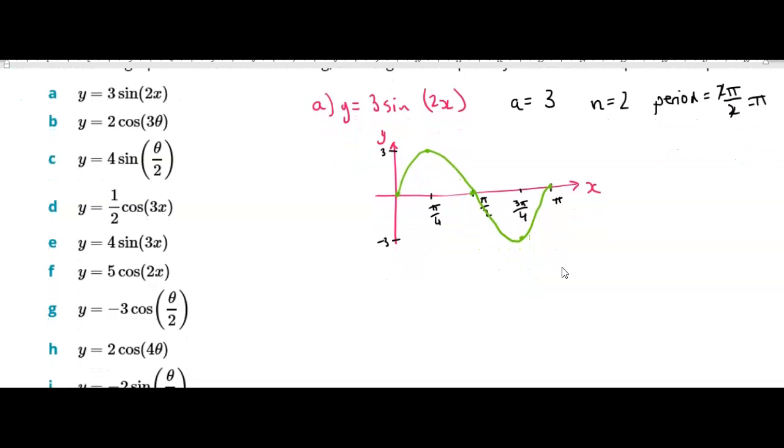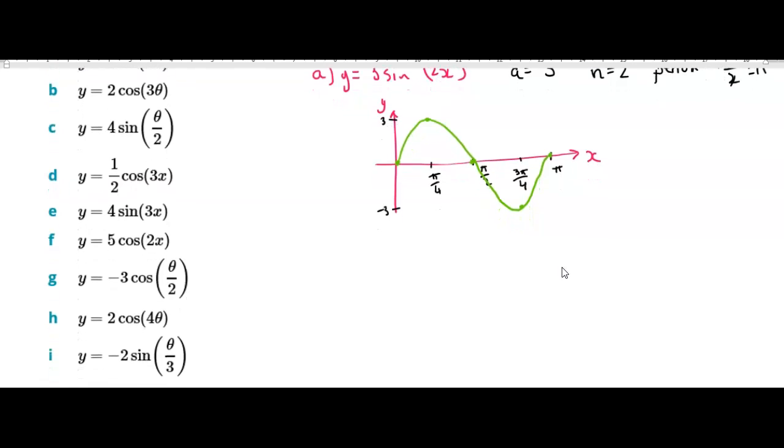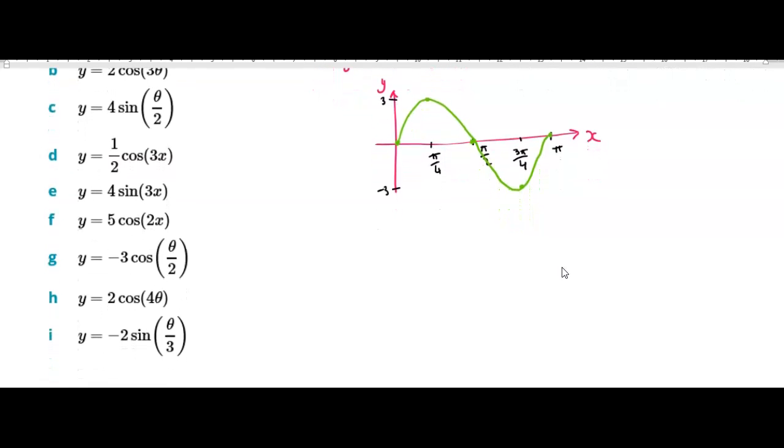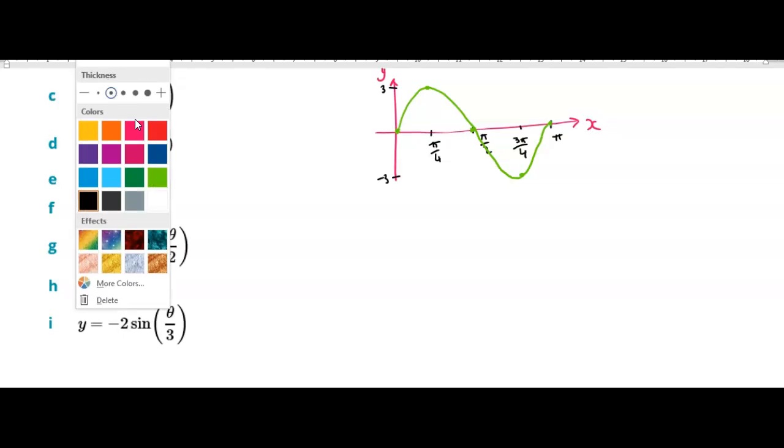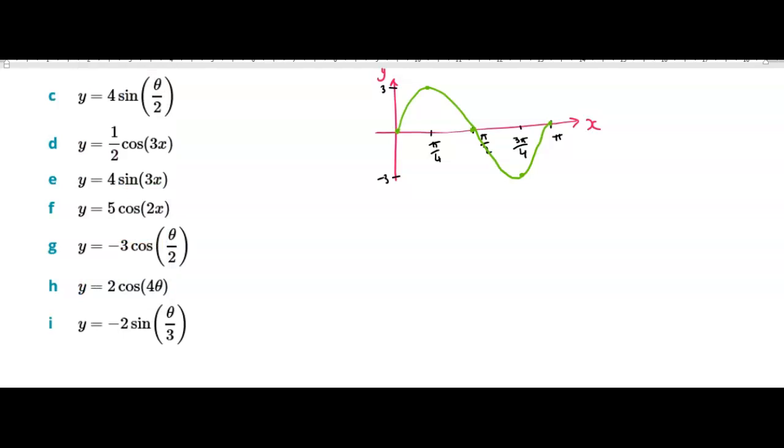Let's do another one. I'm going to just scroll down and see if I can find one. Let's do G. I've chosen this one because it is a negative, so -3 cos pi on 2.